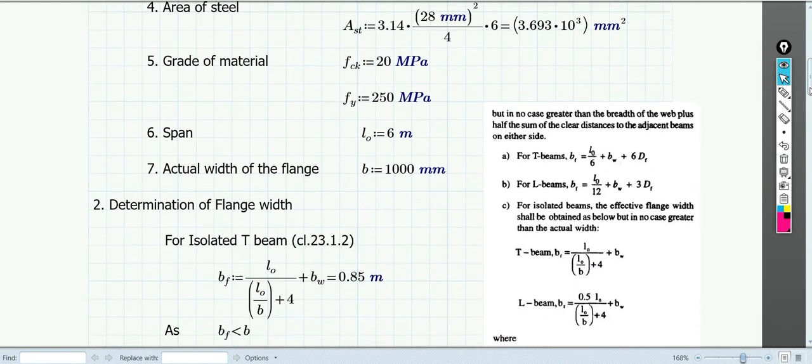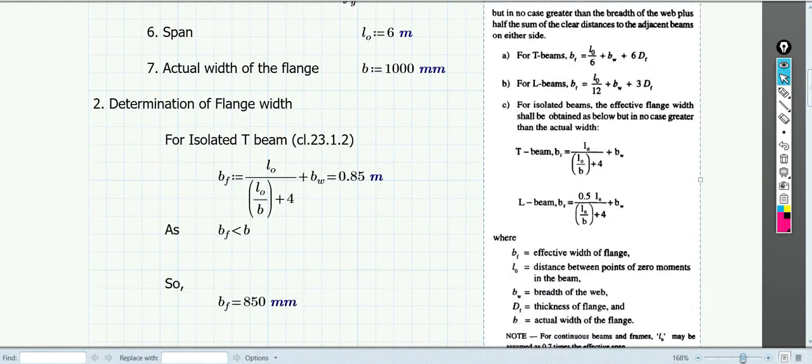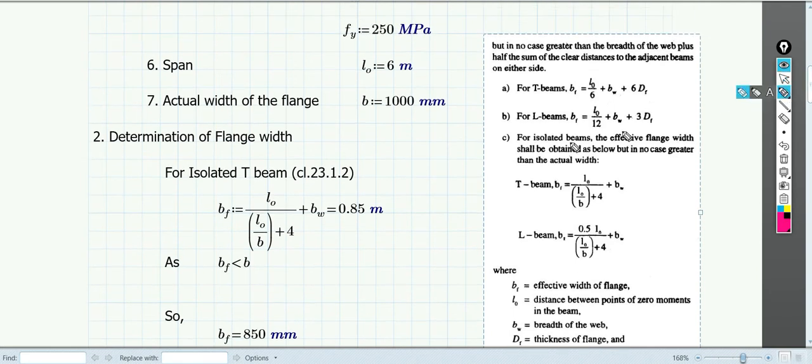now let's look into the code provisions. I think this provision I have already discussed with you in the previous class. As per clause 23.1.2, for a continuous beam slab combination, for T beam, the flange width equation is given by L naught by 6 plus bw plus 6 Df.